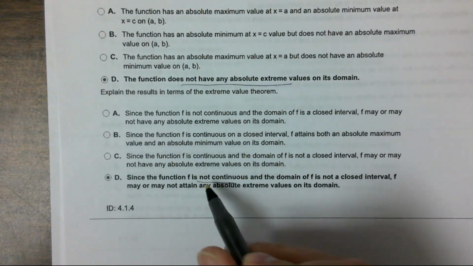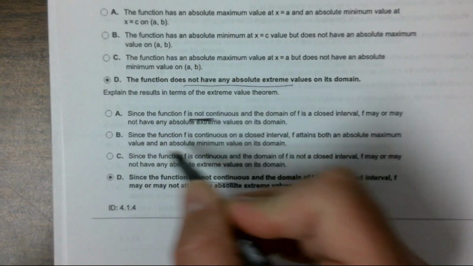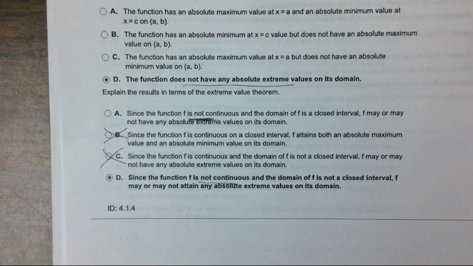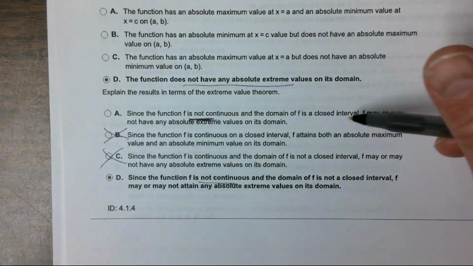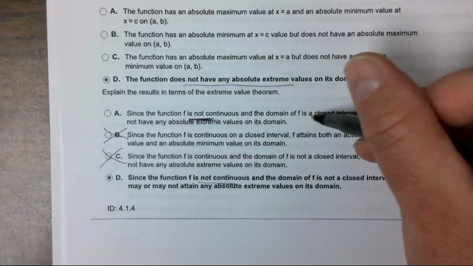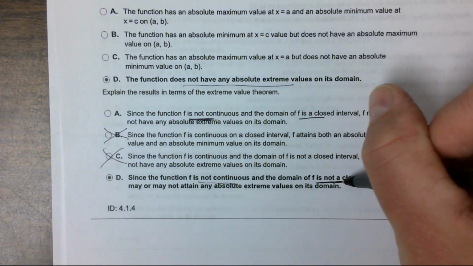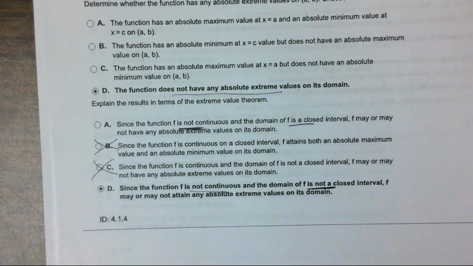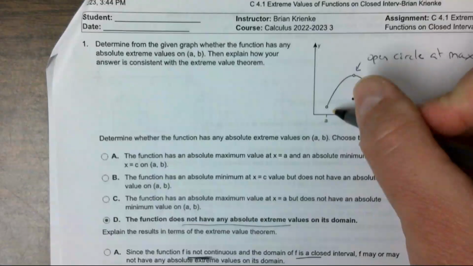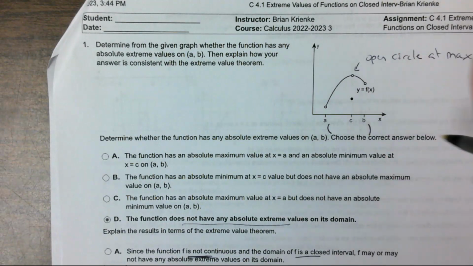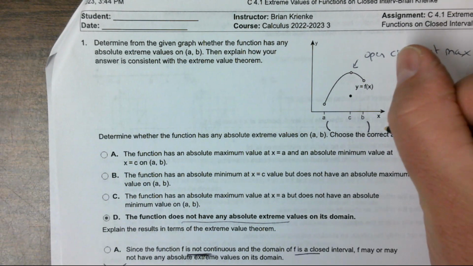Now notice 2 of them say not continuous. And then the other part that's different is this says it's a closed interval, and this is not a closed interval. The reason is because here would be a parentheses and this would be a parentheses, not brackets.